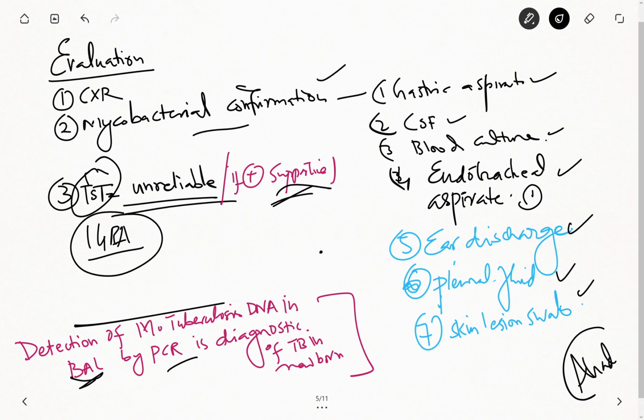Mycobacterial confirmation is done with study of gastric aspirates, blood culture, endotracheal aspirate, ear discharge, pleural fluid or skin lesion swab. One important thing: if you detect Mycobacterium tuberculosis DNA in a bronchoalveolar lavage sample by PCR, it is diagnostic of TB in the newborn period.